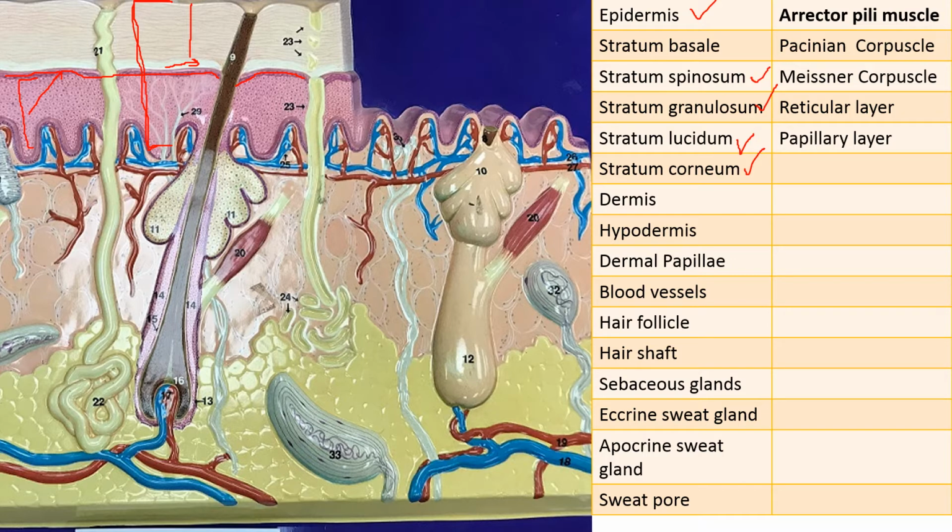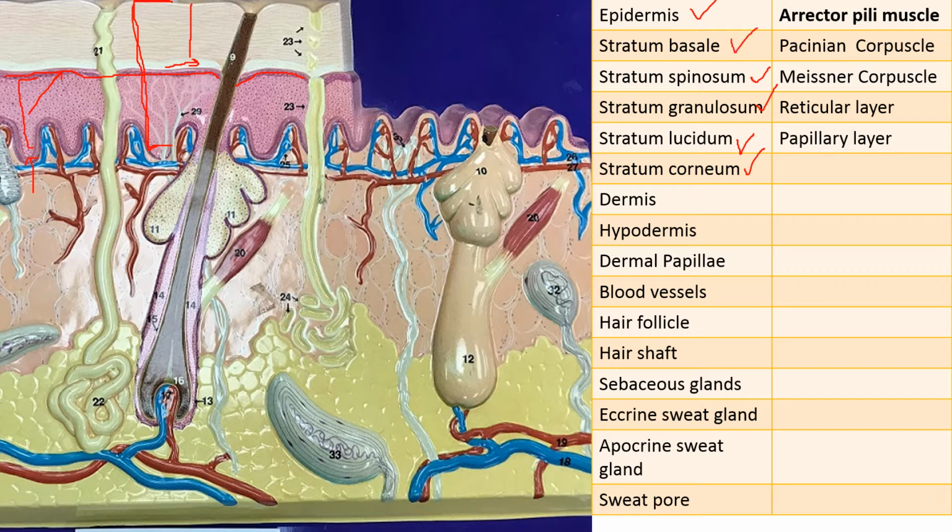Deep to the stratum spinosum, we have one layer of germ cells for the skin. This is the stratum basale or the stratum germinativum. This one layer of cells reproduces. One cell stays in this layer, the other one begins a migration towards the stratum corneum, and it changes as it goes.